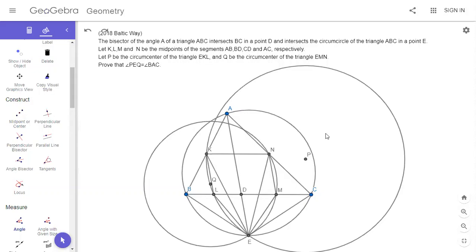Oh, you're saying that's true because PEC plus 90 is BEC. That makes a lot of sense. Does that solve the problem? Let's see. I think that might solve it.